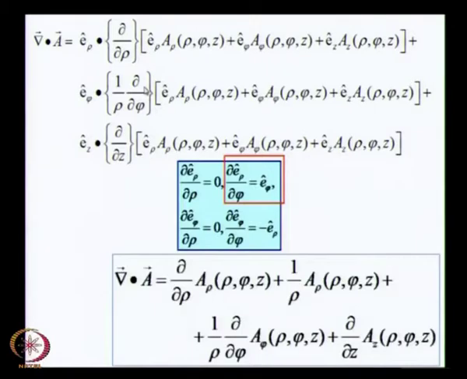If you do this term by term, and I will let you work it out as an exercise, it is a simple one. Then the result for the divergence of A is del over del rho of rho A rho, times 1 over rho, plus 1 over rho del by del phi A phi, and then del over del z A z. So, there are really 4 terms, 1, 2, 3 and 4, that you must take into account.